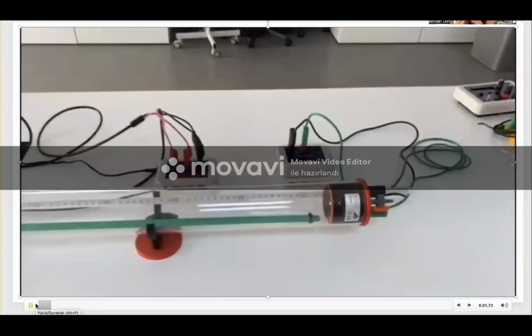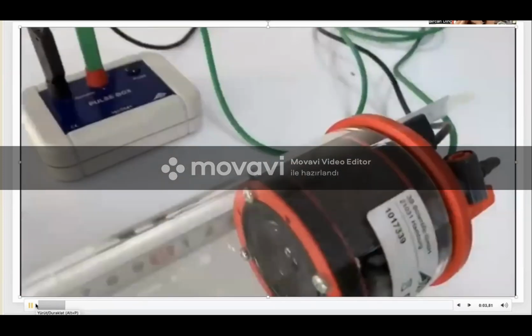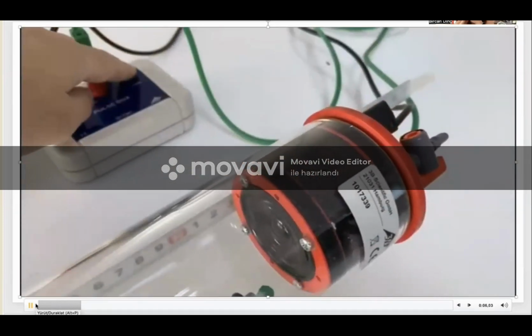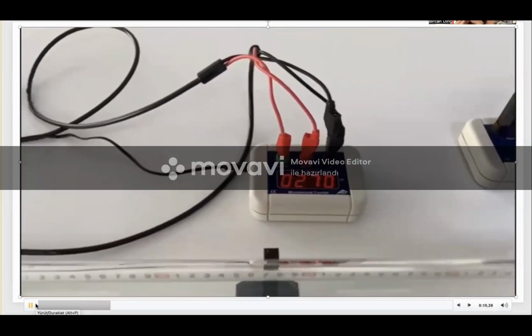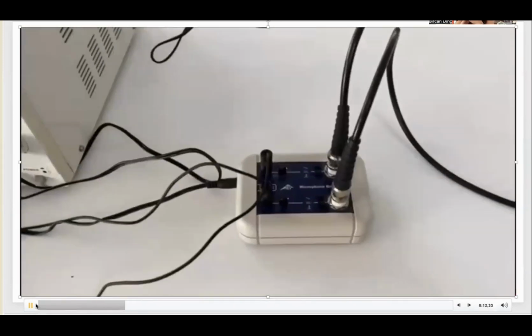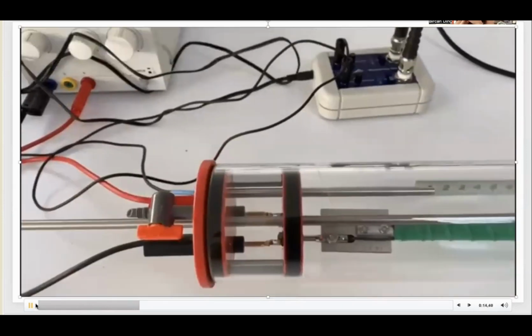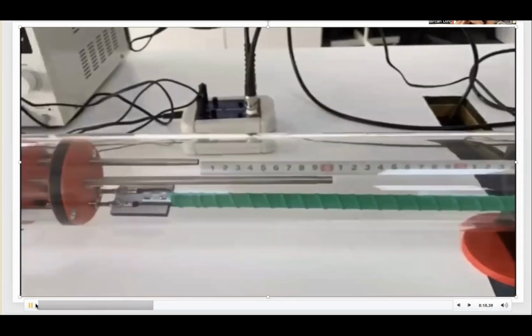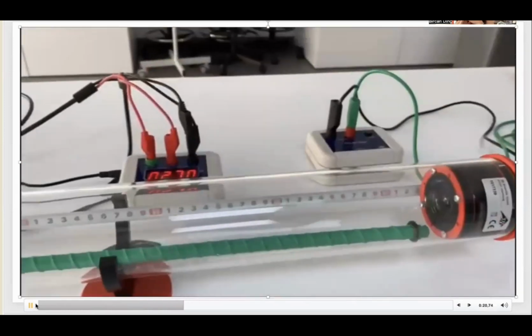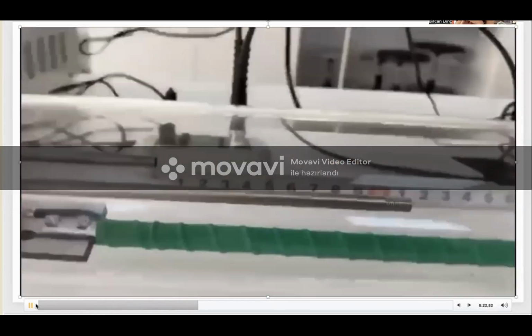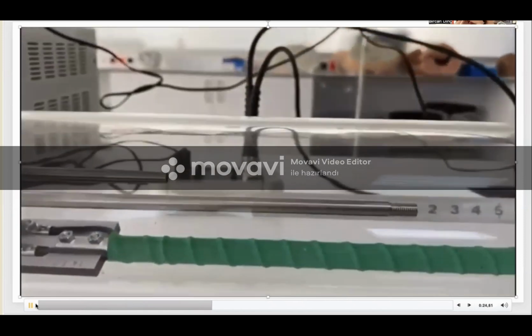Let's look at this. So we have this system, as you see. We have a pulse box, we have a microsecond counter, and we have a microphone box, and you see long and short metallic structures, which are probes. We will adjust the distance between these, and we will take measurements here.